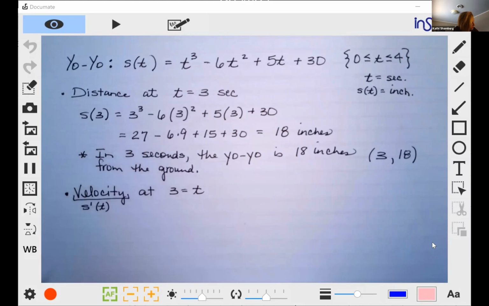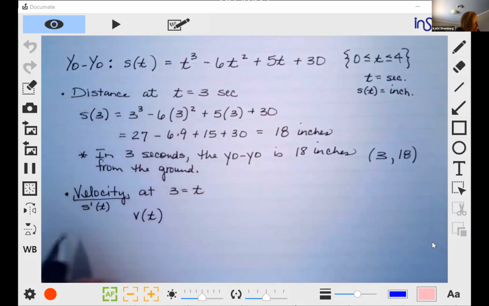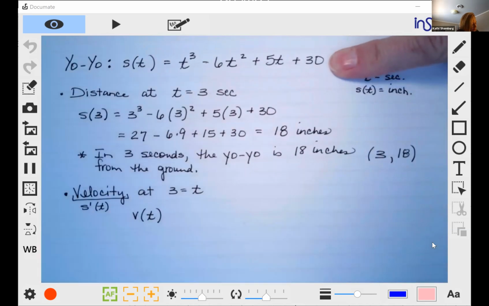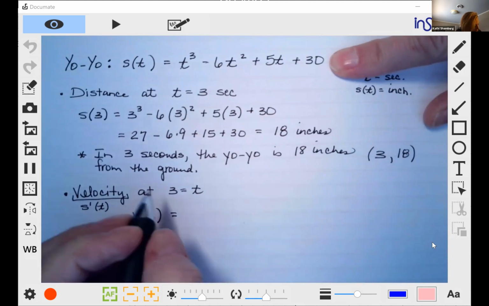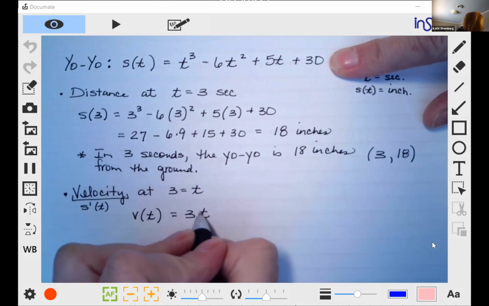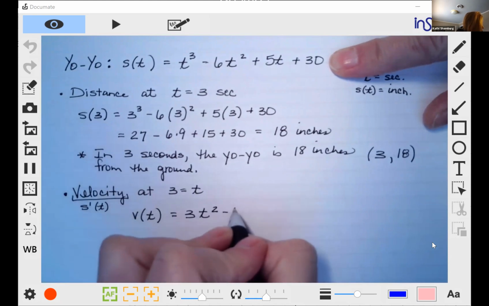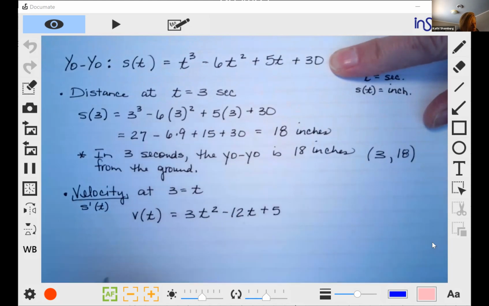But I'm going to label it as v of t, but that basically means take the first derivative. So I'm going to come up here to my original, and I am going to take its derivative. So that would be 3t squared minus 12t plus 5 plus 0.